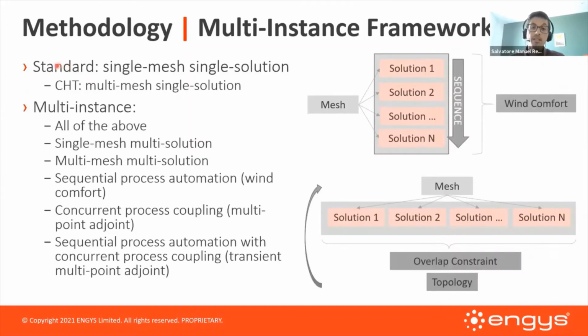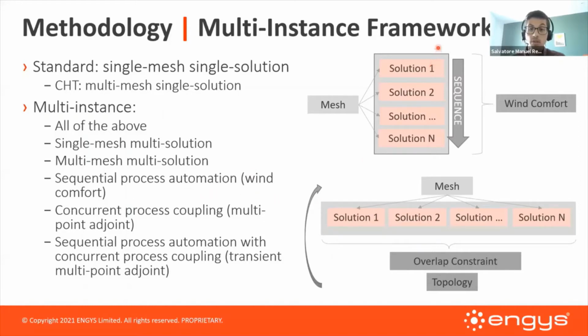A typical standard solver framework is single mesh, single solution, or in case we consider a CHT case, multi-mesh, multi-solution. The multi-instance framework allows all of the above, but also single mesh, multi-solution, multi-mesh, multi-solution, and sequential process automation.